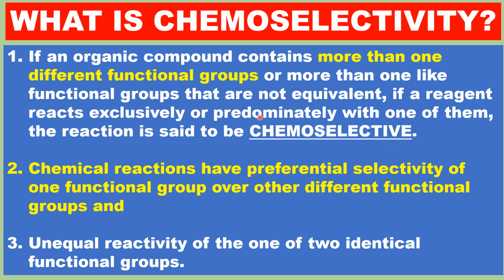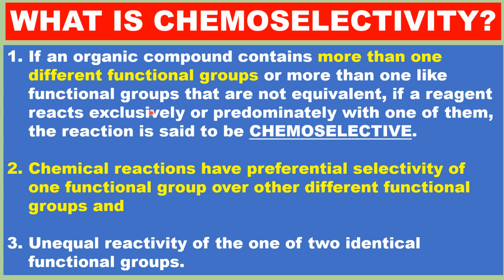That means in a compound you have two functional groups, but one of them is predominantly reactive, so the product formed will be chemoselective.